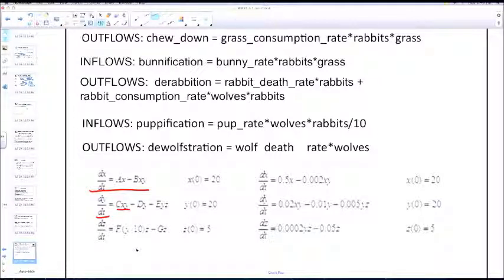That's where the cxy comes from. And also the victim of the predator is eaten by the wolf. But they also have a natural death, minus dy. And then the wolf is the same: natural birth by consuming the rabbits, and the natural death.